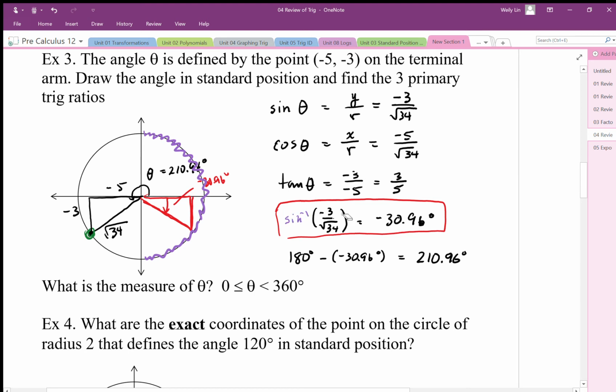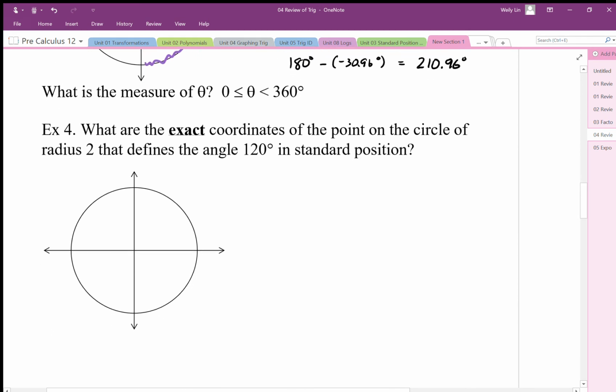It never gives me angles in quadrants 2 and 3. So if my real angle is in quadrant 2 or 3, I have to interpret the original angle, what we call theta 1, figure out where the symmetry is and figure out the angle on the other side of the circle.